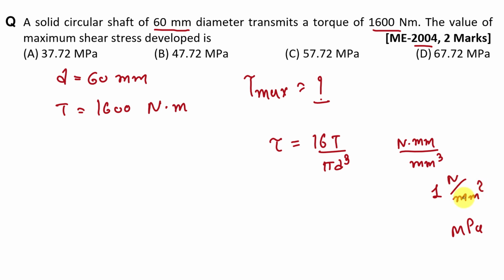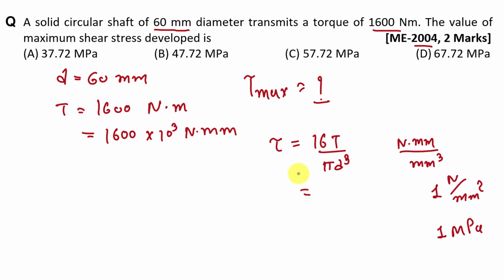Because 1 Newton per mm square is 1 megapascal. So here we have to take this torque in Newton into mm, and if you convert this torque in Newton into mm, then it will be 1600 into 10 raised to 3 Newton into mm, right?